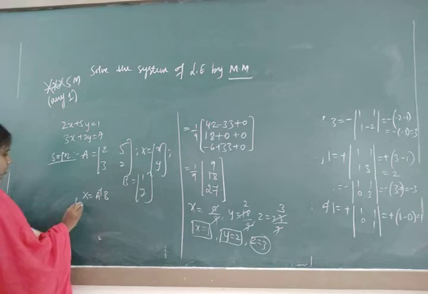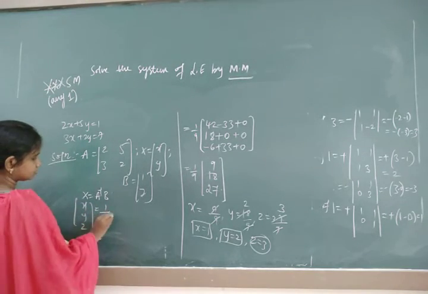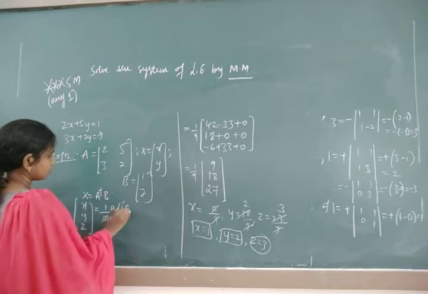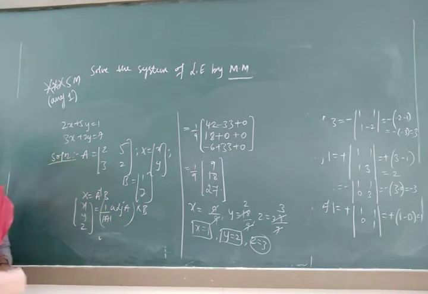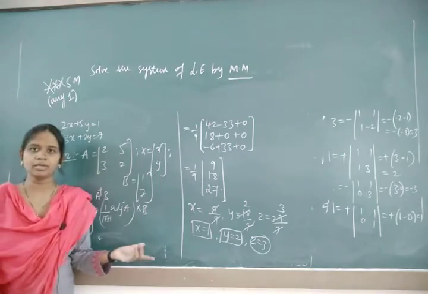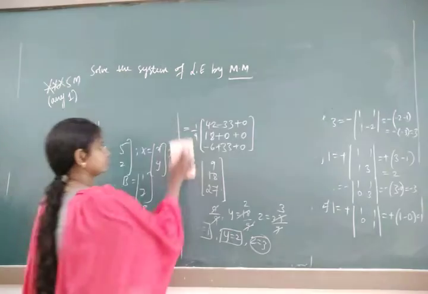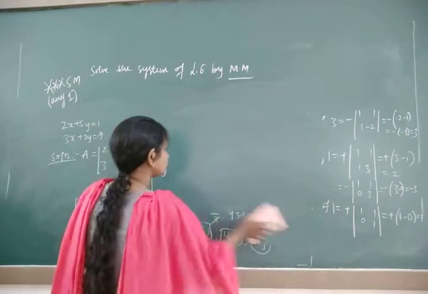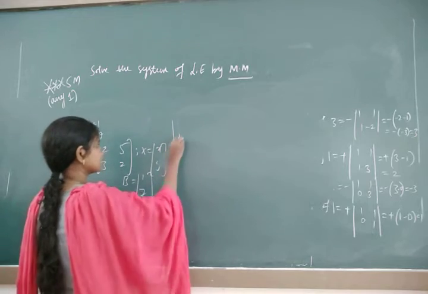What is our formula? It's x y z equal to 1 by determinant A into adjoint A into B. So first you will find out the determinant A. 2 cross 2 is very easy, so they are not going to ask for 5 marks.